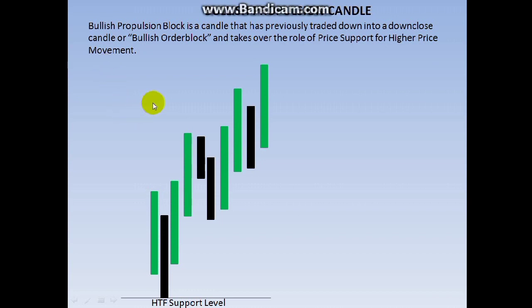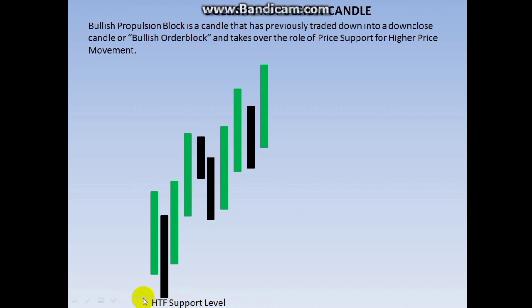We are going to look at a graphic illustration before we go into real price action data. This is a graphic illustration of sample price action data. In other words, this is price reaching for a higher time frame support level.